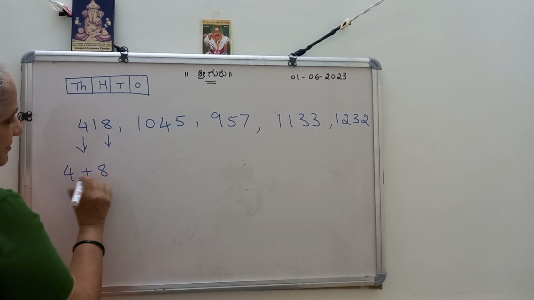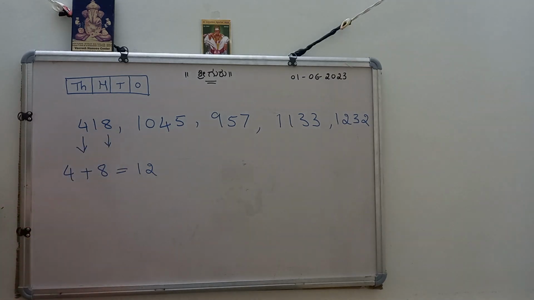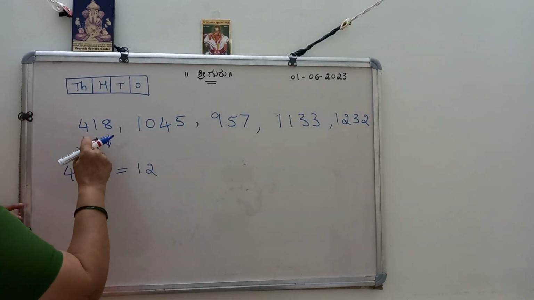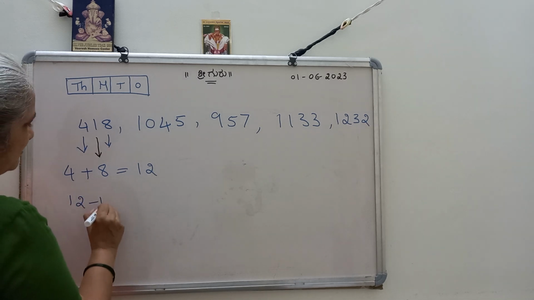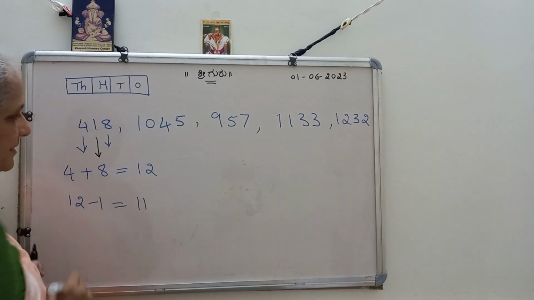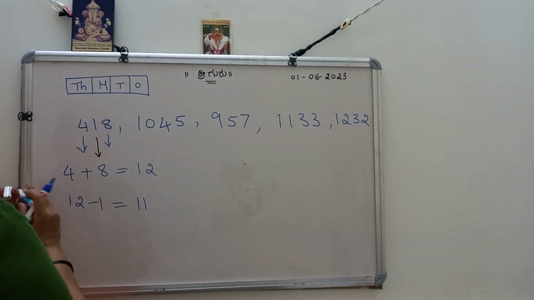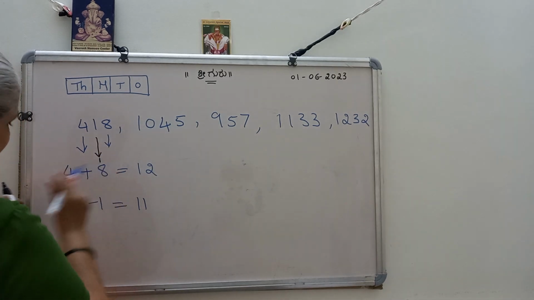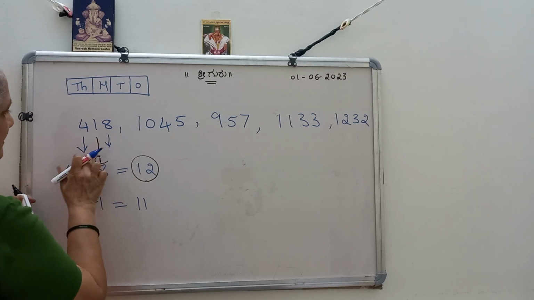Let us add them. We will get 12, and the digit in the even place is 1.